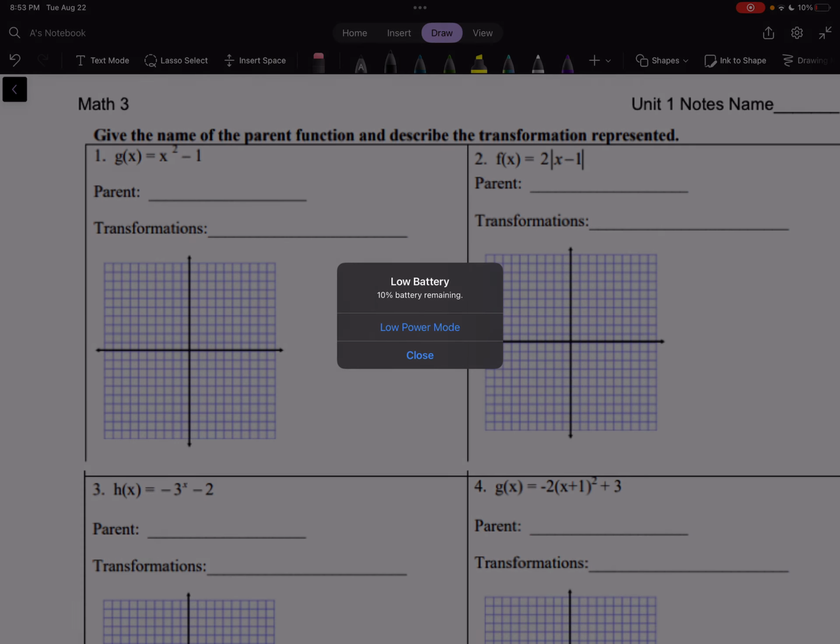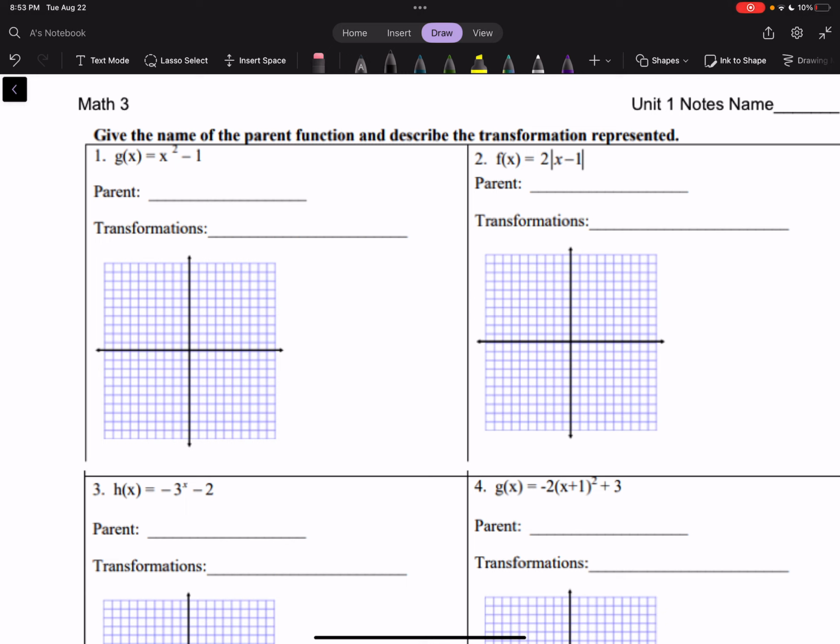Alright. Given the name of the parent function, give the name of the parent function, and describe the transformation represented. I'm only going to do a couple of these. Number 1, the parent function is a quadratic, and it is a vertical translation.